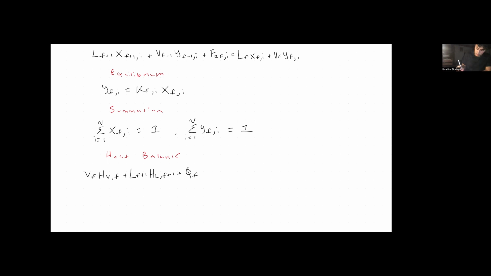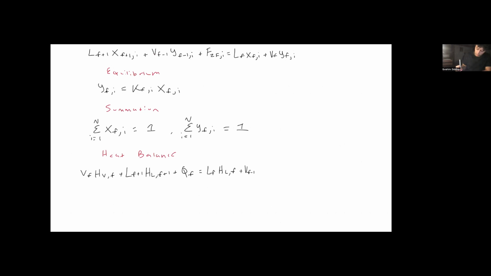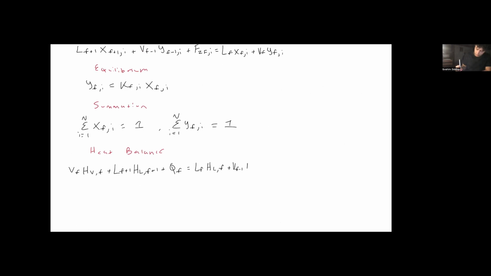And then this is going to be equal to our liquid flow at stage F multiplied by our liquid enthalpy at stage F, plus our vapor flow at stage F minus 1 multiplied by our vapor enthalpy at stage F minus 1. Okay, all right, so that completes it.